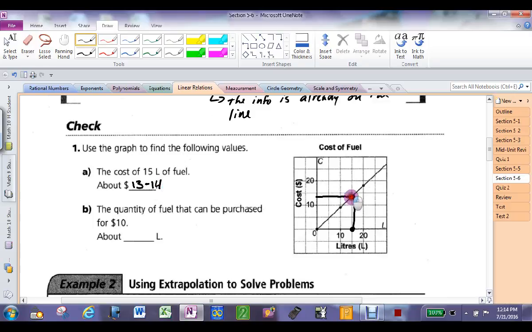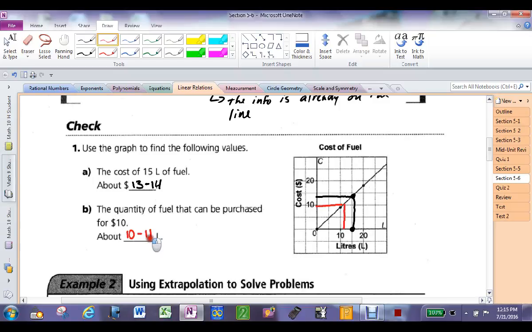Interpolation, because the point we cared about was on the graph. What about this one? $10. So which axis do I start on? The X or the Y? The Y axis, the 10. I go out to the line, and I slide down, and it is slightly more than 10, yes? So 10 to 11. Got it?